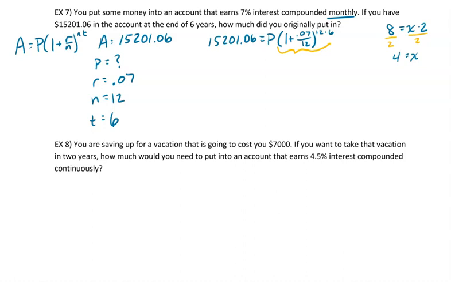It's not a pretty number, but all of it is just a number, which means we have P times a number, which means we can just divide by all of that and it's solved for. So we're going to divide both sides by 1 plus 0.07 over 12 to the 12 times 6.